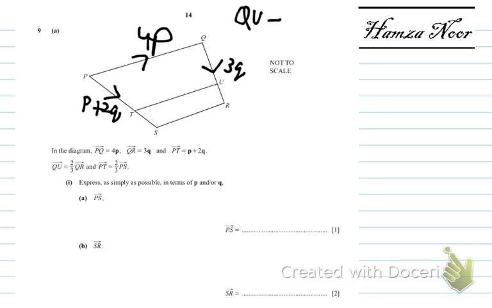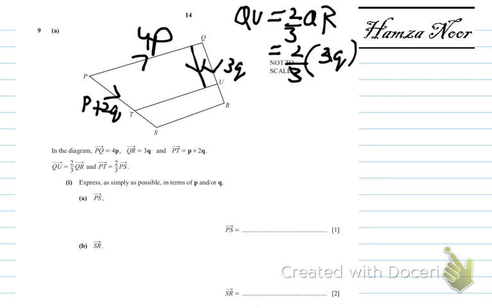Here you are going to write the equation 2 over 3 times QR. So QU will be equal to 2 over 3 times 3q. 3 and 3 cancel. So this means QU is equal to 2q. And this means if this whole vector is 3q and this QU part is 2q, this means UR is q. As simple as that.